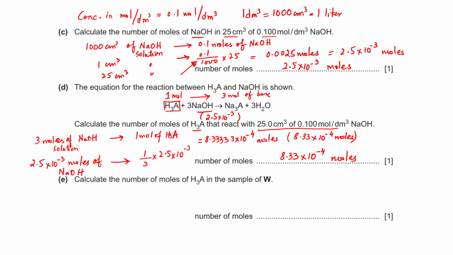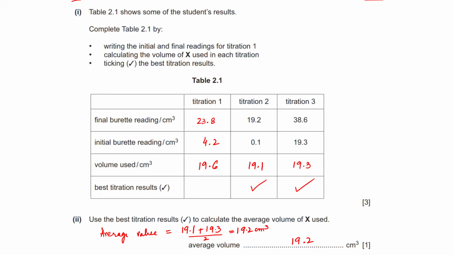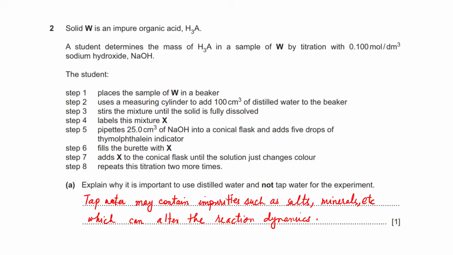Okay. Then comes part E. It says calculate the number of moles of H3A in the sample of W. Remember, this is the sample of W which the student has created. Sample W by titration. Place sample W in a measuring cylinder, add 100 centimeter cube of distilled water in a beaker.